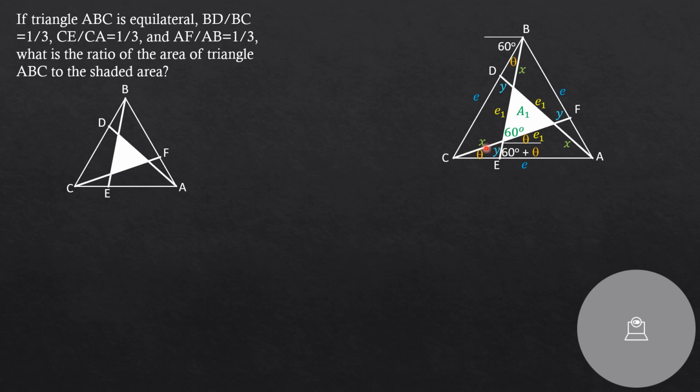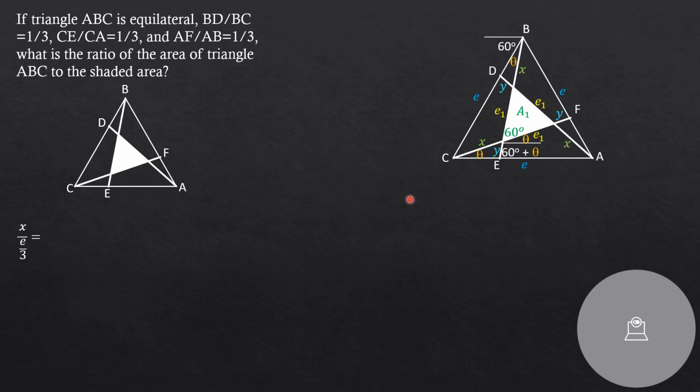So we have the ratio CE, which is E over 3, as to X, or X as to E over 3, is equal to this X here is the longest side of this small triangle, and for this bigger triangle CFA, the longest side is E, and CE is opposite to the 60-degree angle. That's why it should be CF, which is also opposite to the 60-degree angle.